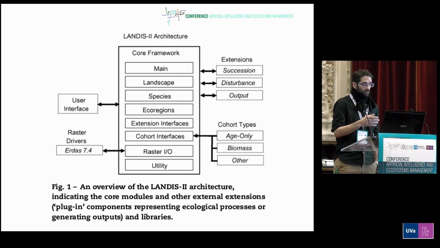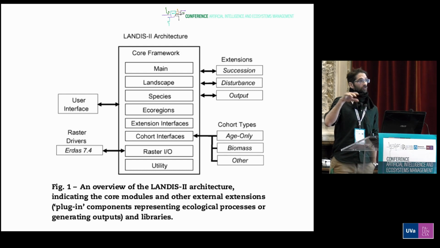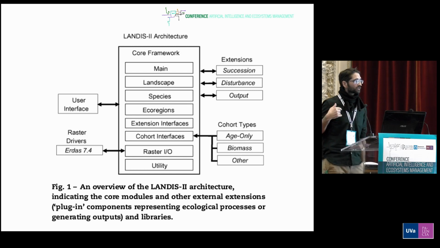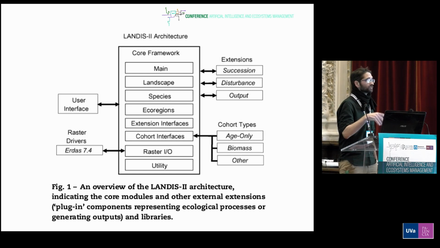So the architecture of Landis is quite easy. We have a core engine that is in charge of loading databases or raster files with some information about the ecoregions, the local conditions of each pixel.